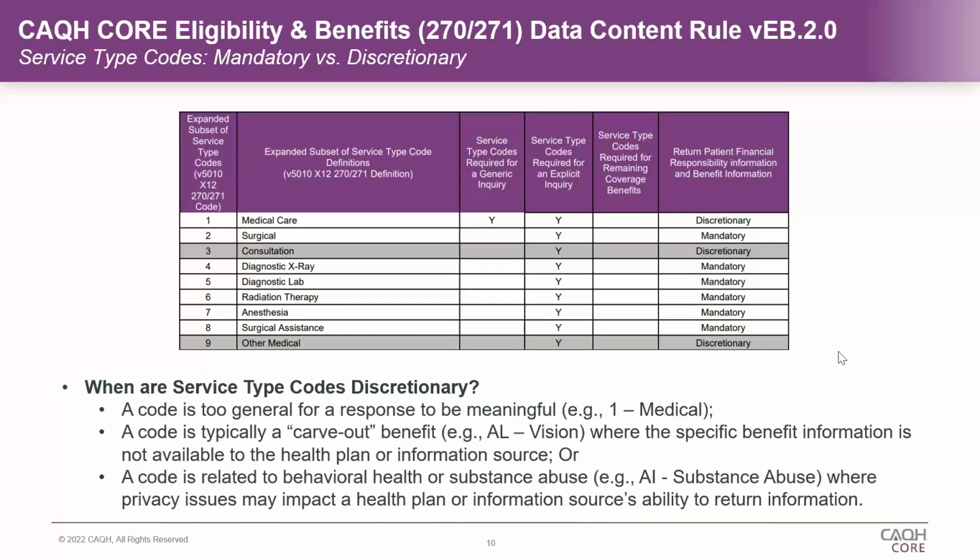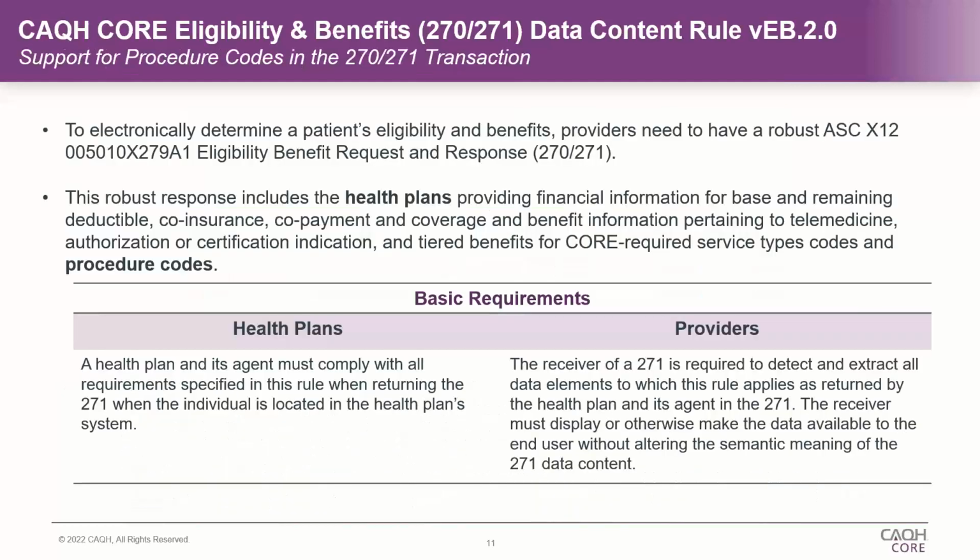I'm going to move us on to the next slide and next topic, still staying within this coding realm. There is the capability within the standard today of supporting just a procedure code.